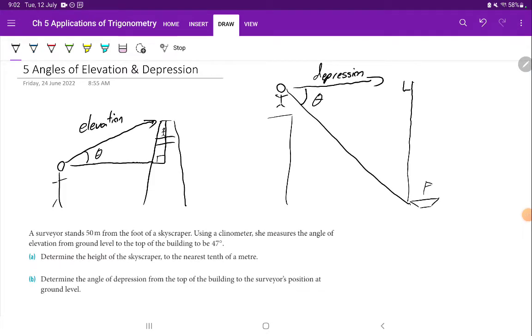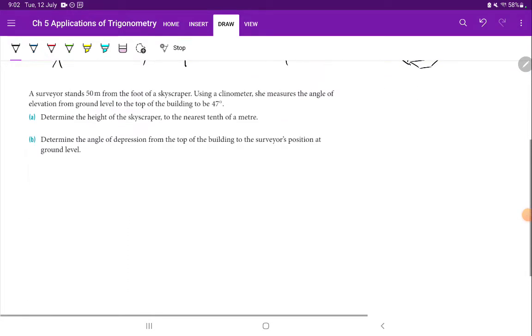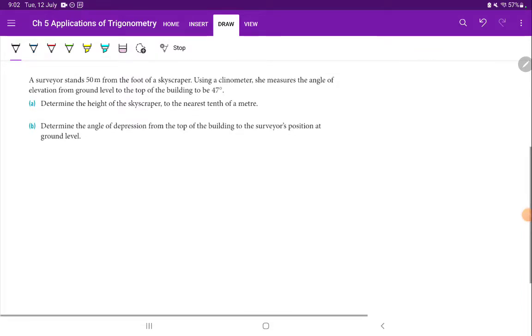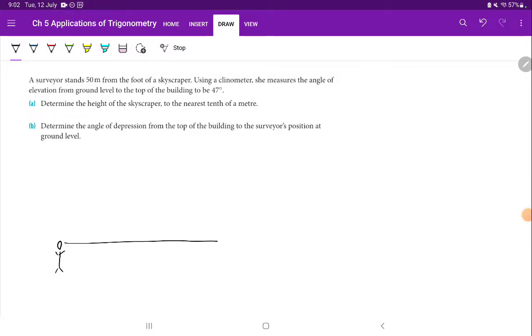So let's have a look at an example. With any worded question, drawing a picture really helps. If a surveyor stands 50 meters from the foot of a skyscraper, using a clinometer, she measures the angle of elevation. Angle of elevation means that she's looking up, and she's measuring this angle as 47 degrees.